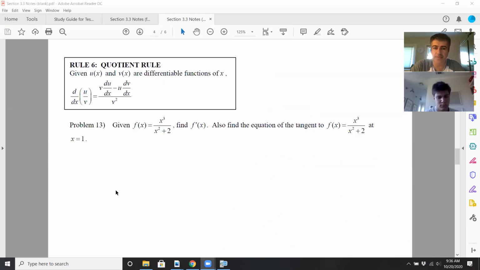Quotient rule is another one. The way the quotient rule works, it looks a little confusing, but I like to think of it like this. If you have two things being divided, it's like saying u prime times v minus u times v prime over v squared. There's actually kind of like a little nursery rhyme that some calculus teachers use.